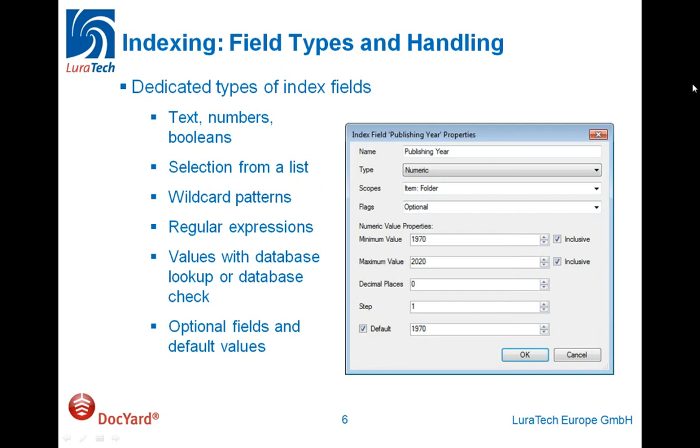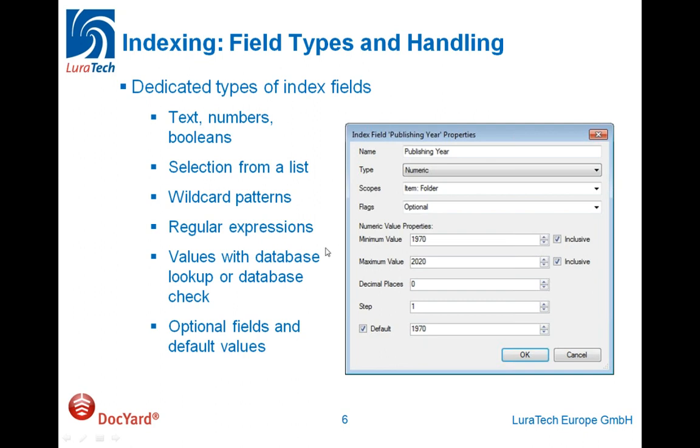or for check. And you can also define a field as optional or as mandatory and define default values which will be put in from the system automatically, so you can use it or override it.